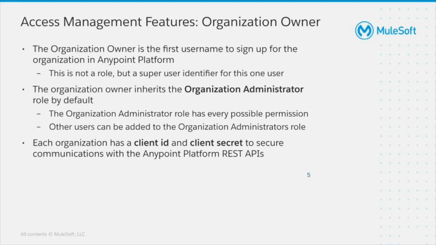With that being said, in order to create a child business group, you need to be an organization owner or an administrator. Also, only the organization owner or the administrator can see the client ID and secret of the business group, which you need while consuming Anypoint platform's REST APIs. With that being said, let's discuss business groups in detail next.